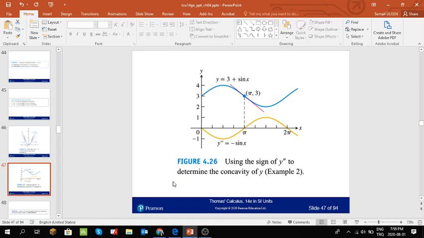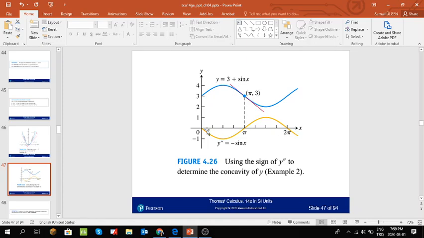Let's consider example 2 in our book. Consider the function y equals 3 plus sine x, and the blue one is 3 plus sine x. Take the first derivative, you get cosine x. Take the second derivative, you get negative sine x. This is the graph of the second derivative.